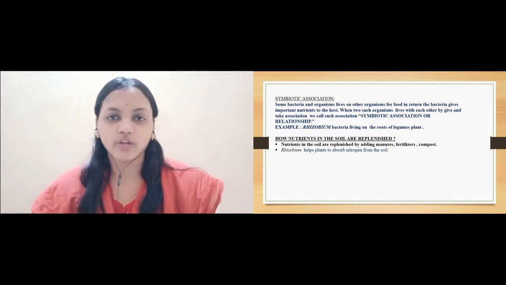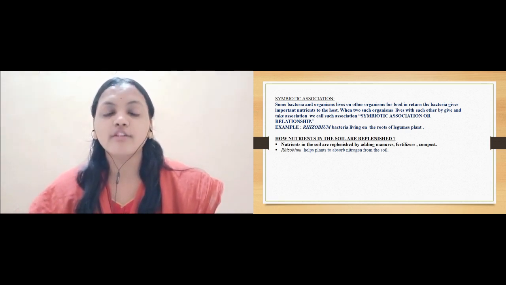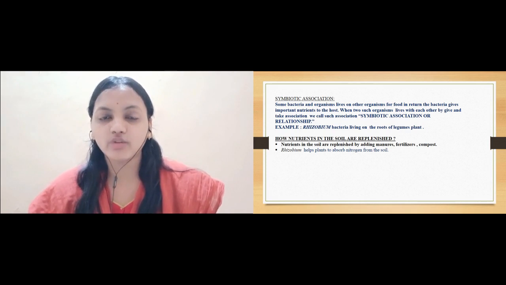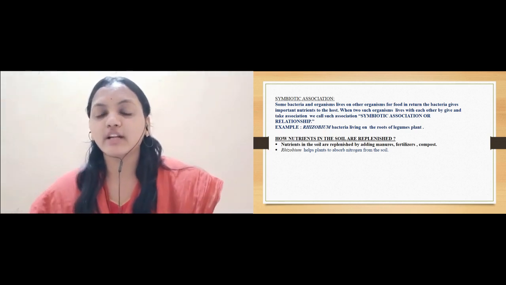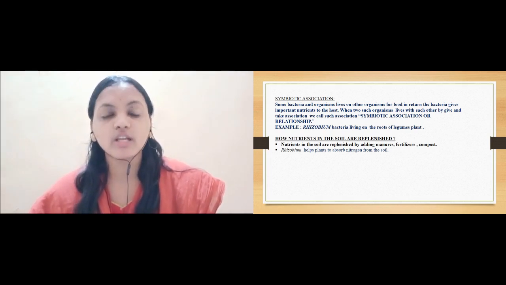The very last point that I need to explain is how the soil is replenished with nutrients. Farmers add manures, compost and fertilizers to replenish the soil. So these manures and fertilizers help to make the soil nutrient rich.